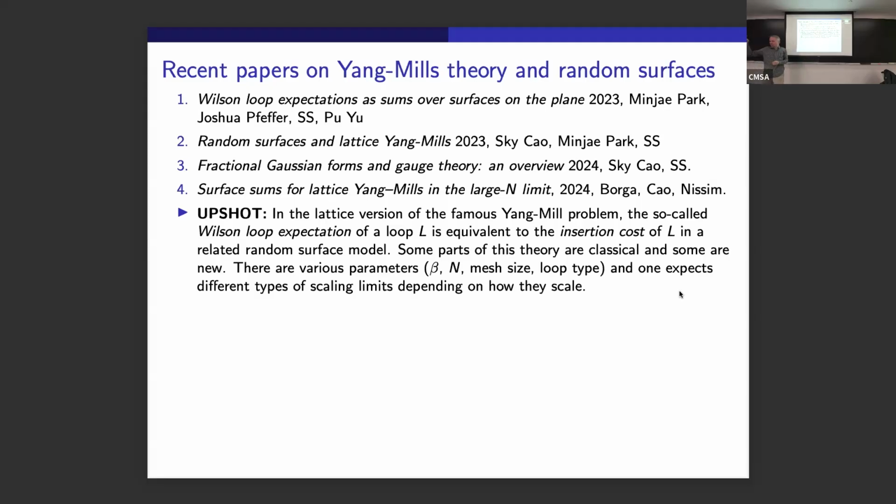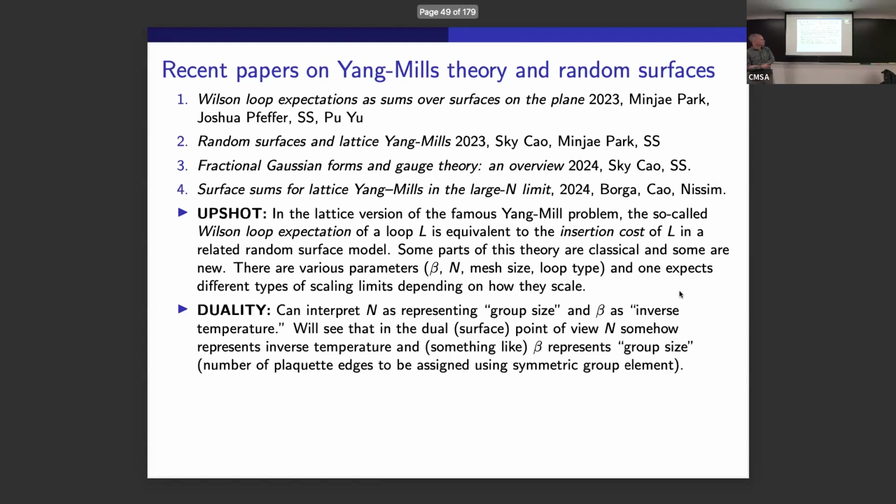If you take N going to infinity, or if you take N fixed, the Gaussian field is already one type of scaling limit, but there are other types of scaling limits that you can hope to get. And there's a certain duality. We represent big N as the group size and beta as the inverse temperature. But it turns out that when you do this conversion to a random surface model, the roles of N and beta actually swap.